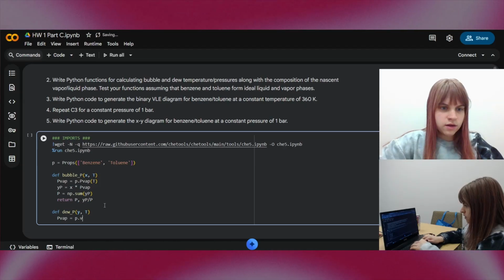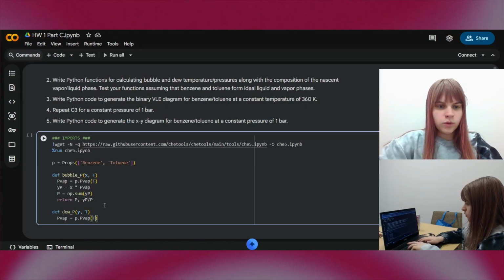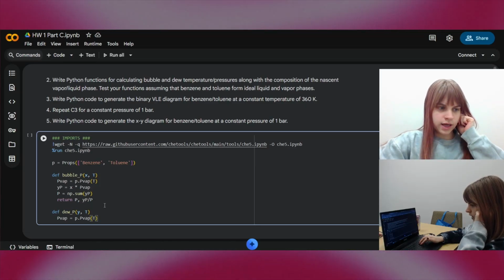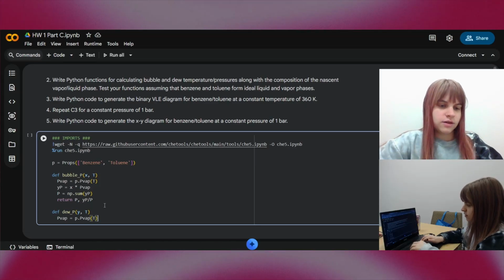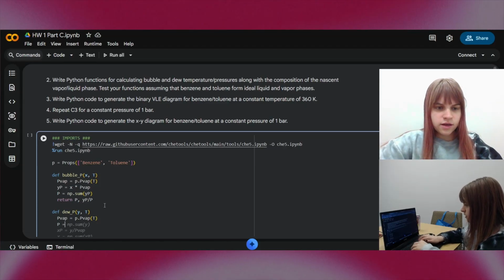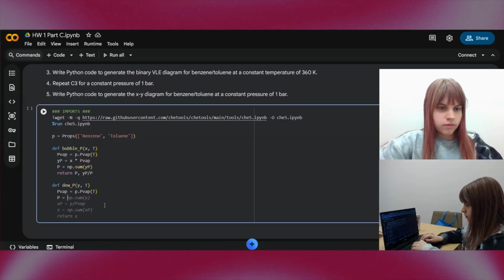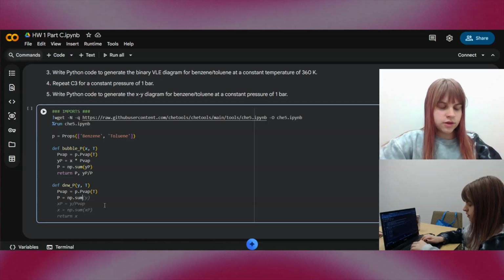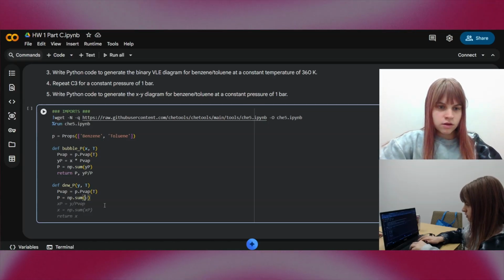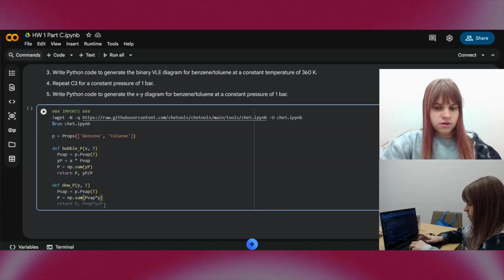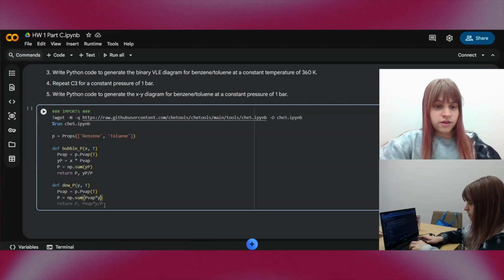Again, I'm going to pull from the imports to get our vaporization pressure. We calculated that P should be equal to the summation of the vapor mole fraction divided by the vapor pressure.